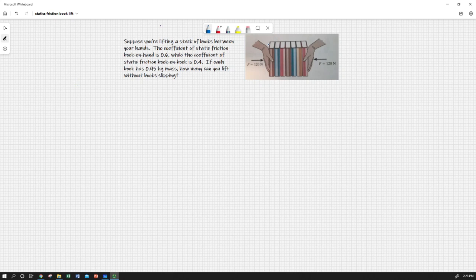So we have a stack of books, and someone is holding these books up, and they are able with their hands and their muscles and their arms and chest to exert 120 newtons with each hand on this stack of books.